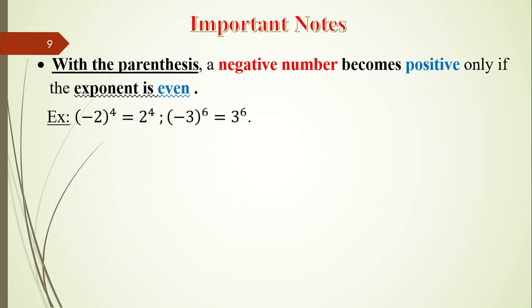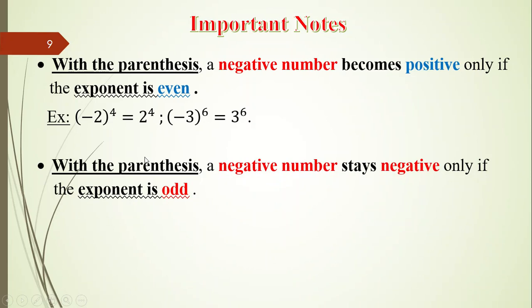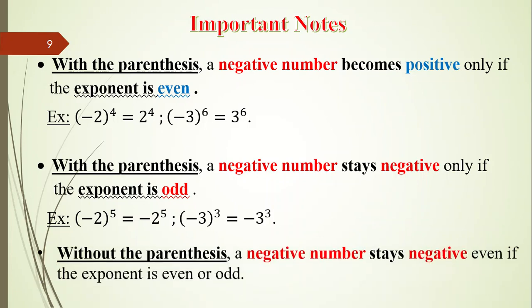So if you have a parenthesis and an even power, the minus becomes plus. With the parentheses, a negative number stays negative only if the exponent is odd. So here the exponent is odd, so the minus doesn't change into plus. It will stay a negative number.